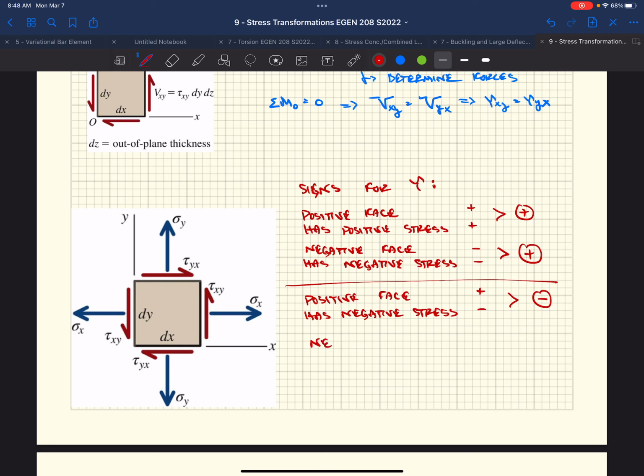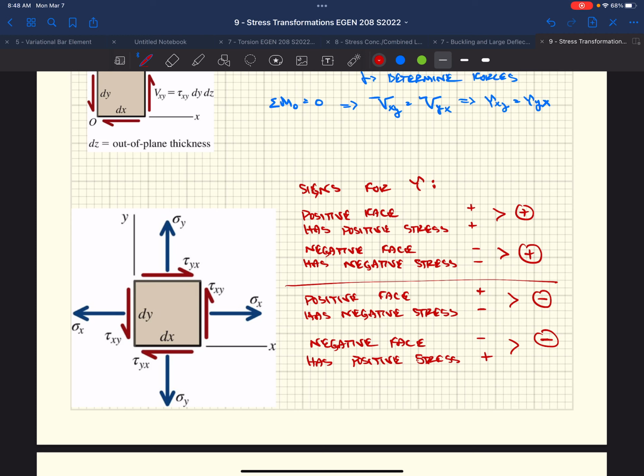If we have a negative face and it has positive stress, negative face, positive stress, we have a negative shear stress. So now we know they're equal and opposite on our faces. We know the sign convention for our shear stresses, right?